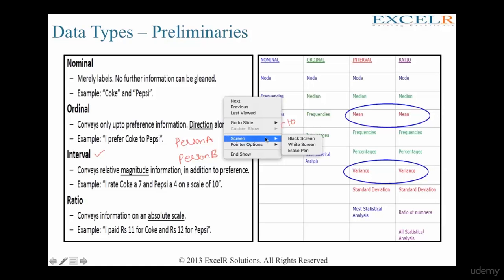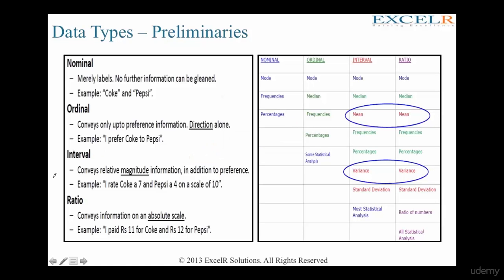This problem is solved when it comes to ratio data, which has an absolute scale. For example, if there are two people, person A and person B, and person A pays 9 rupees or say $1 to purchase Coke, and person B also spends $1 to purchase Coke, now I can say that both of them have spent an equal amount.